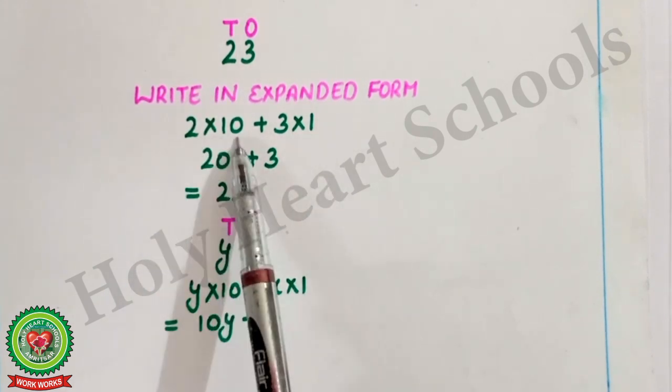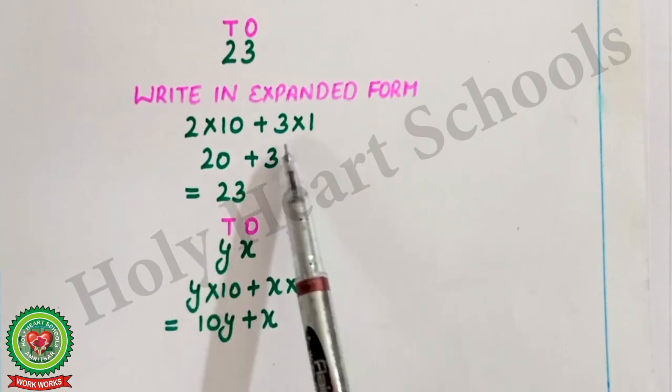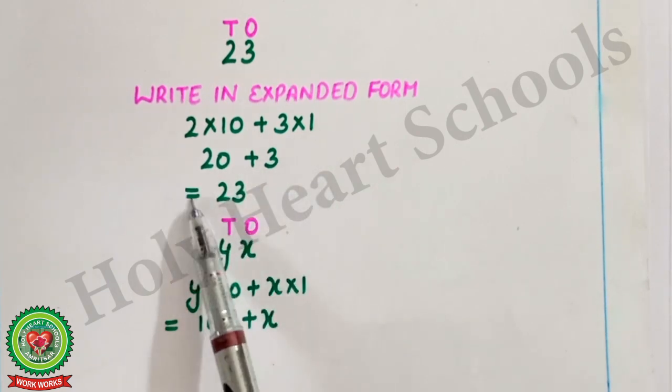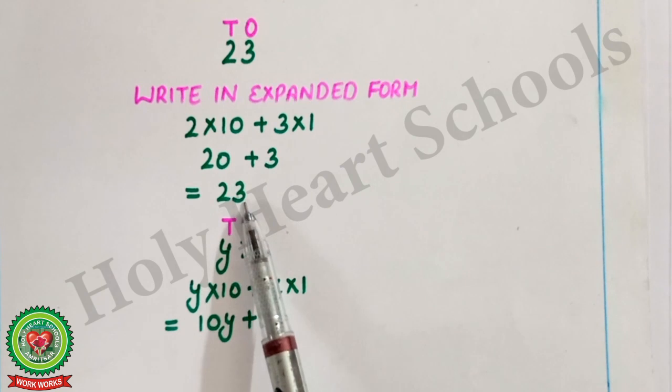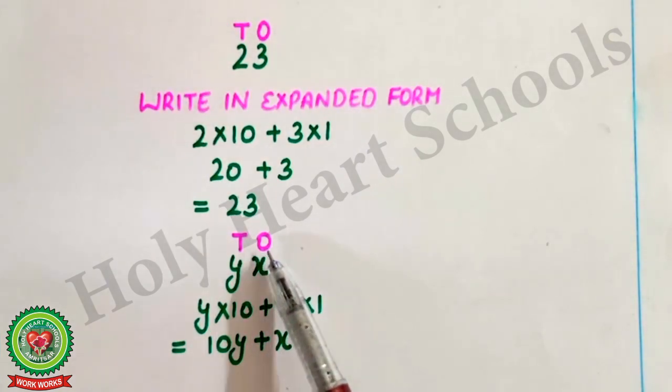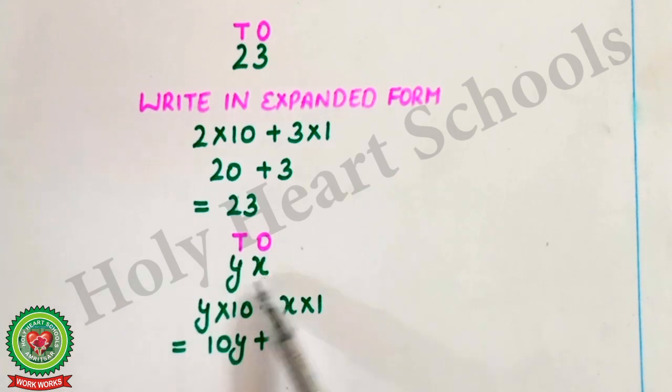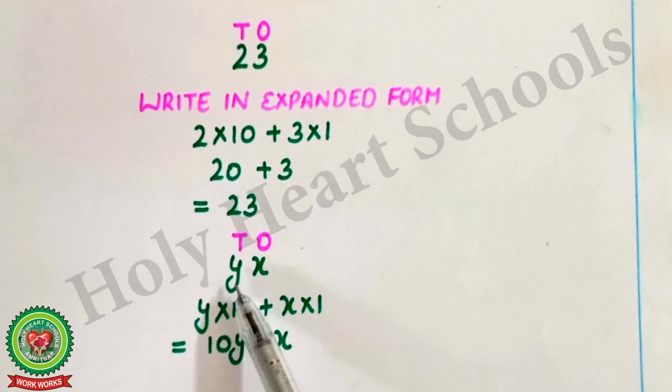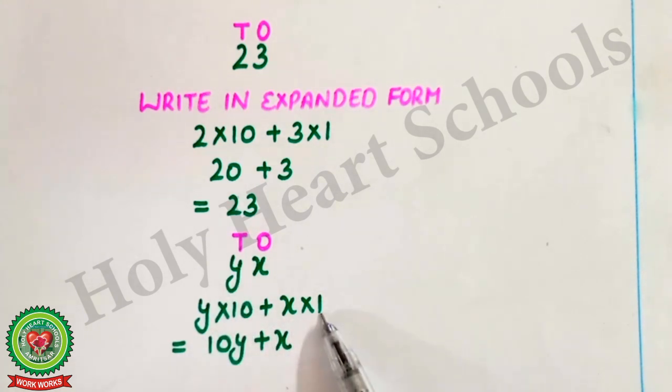Then 2 into 10 is 20 plus 3 into 1 is 3, equals 20 plus 3, 23. Similarly, if x is in the 1's place and y is in the 10's place, then y multiply 10 plus x multiply 1 is equal to 10y plus x. So this is the 2-digit number.